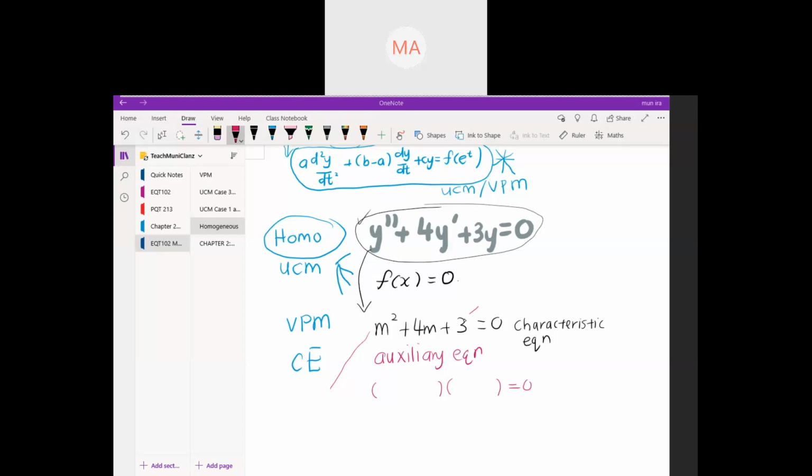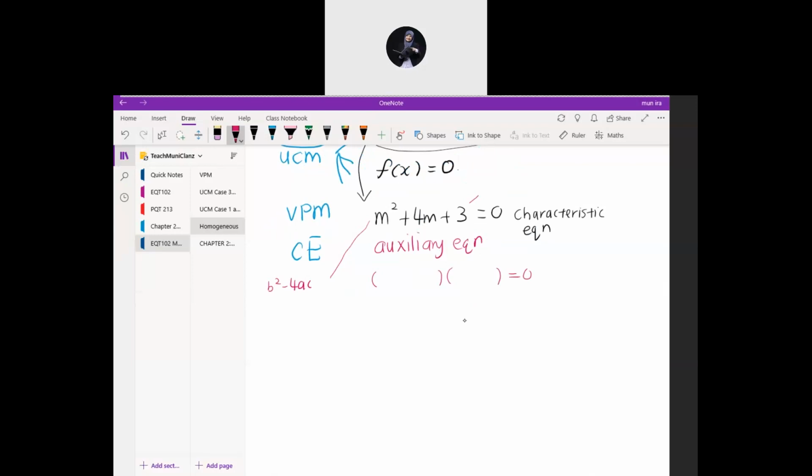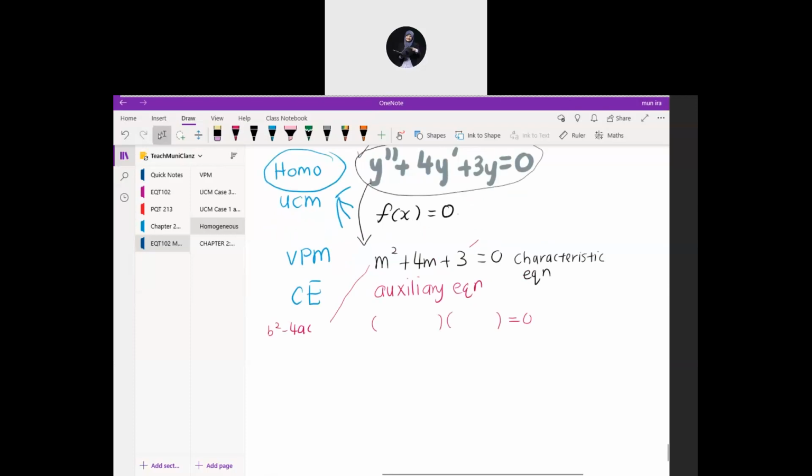So we have b square minus 4ac. You must check. Is it greater than 0, less than 0, or equal to 0? Okay. This one you must master because this is very, very basic. So you need to understand how you can get the solution of homogeneous equation.